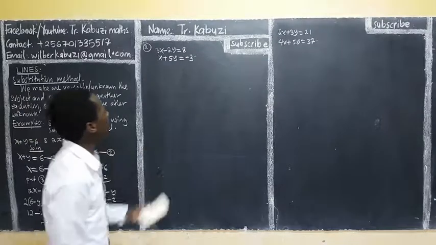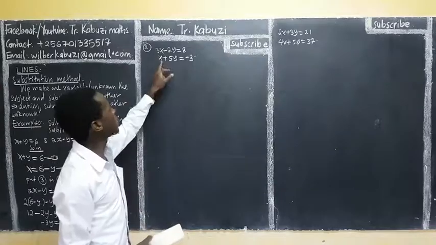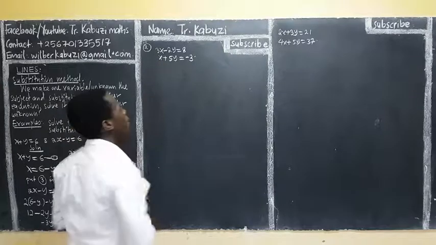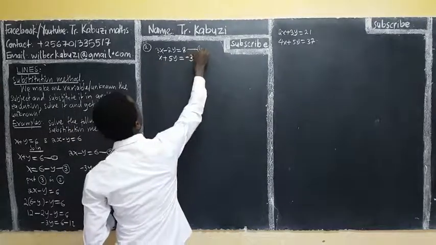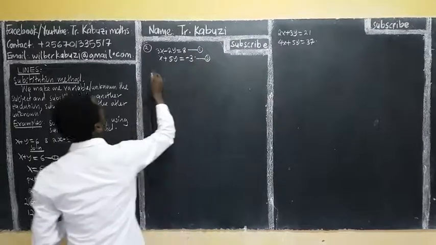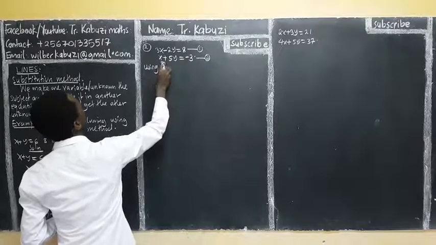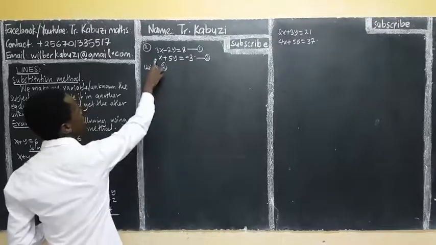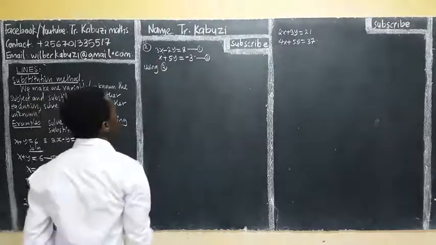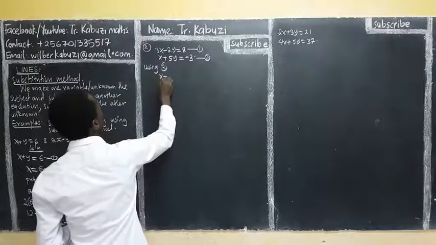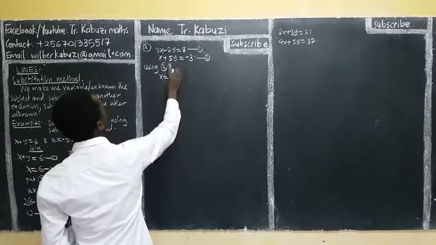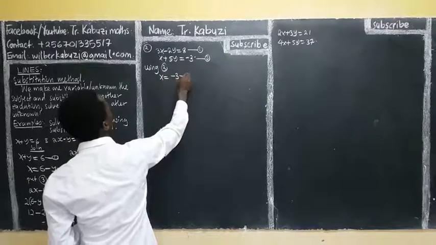Now, coming to the next one, it is very easy to make x the subject. This one is my equation 1 and this is my equation 2. Using equation 2, I make x the subject. Why? Because it has coefficient 1. So here I have x equals negative 3, and taking the 5y to the other side, minus 5y.